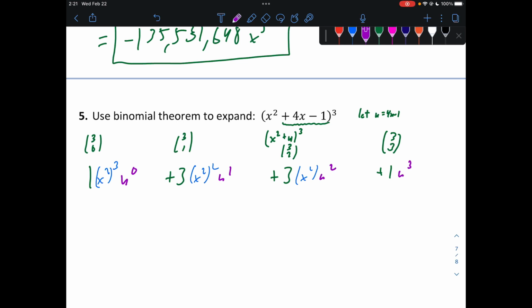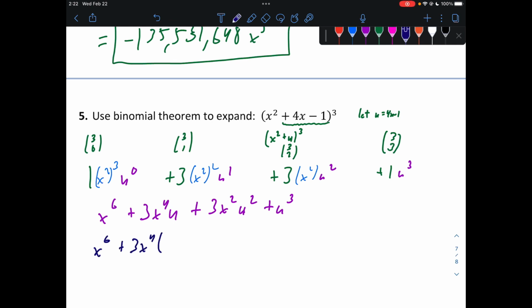So now I can write this as x to the 6th plus 3x to the 4th u plus 3x squared u squared plus u cubed. Replacing u with what we had earlier, I have x to the 6th plus 3x to the 4th times 4x minus 1 plus 3x squared times 4x minus 1 squared plus 4x minus 1 cubed.